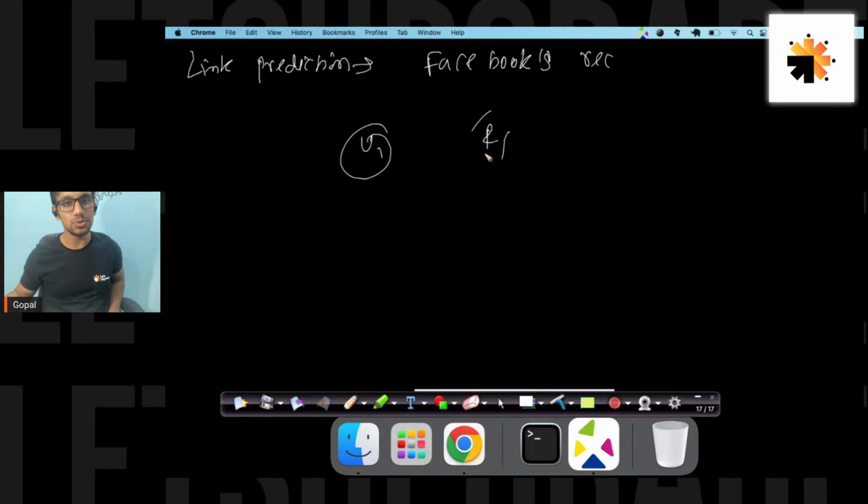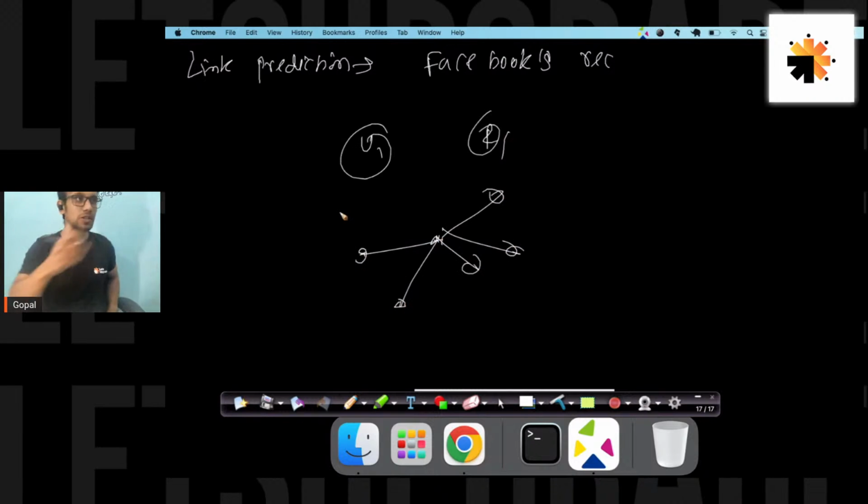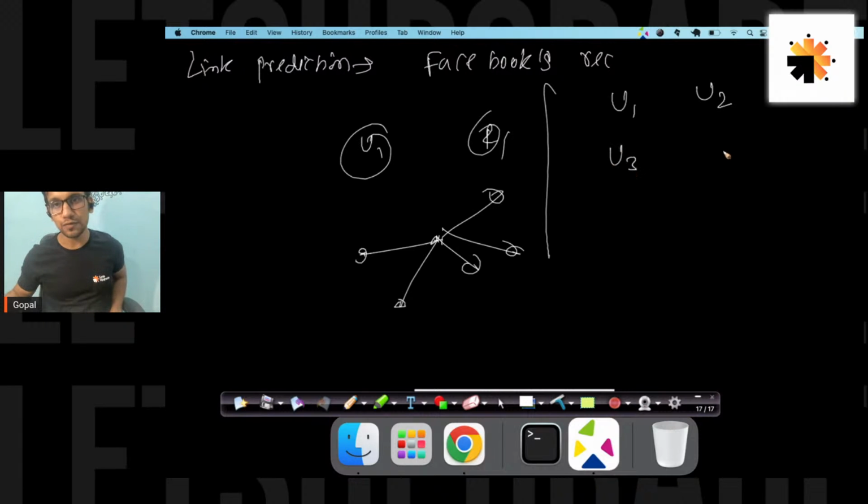They had to determine, based on some nodes and everything, the link between those users. For example, let's say user one is friends with user two, user three is friends with user two. Based on this commonality, there are chances user one and user three could be friends.